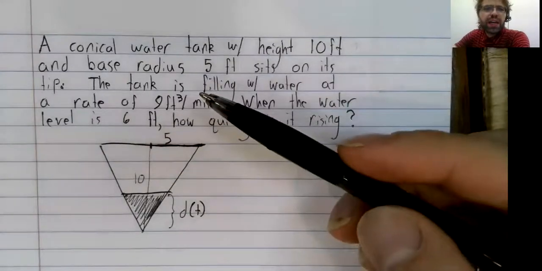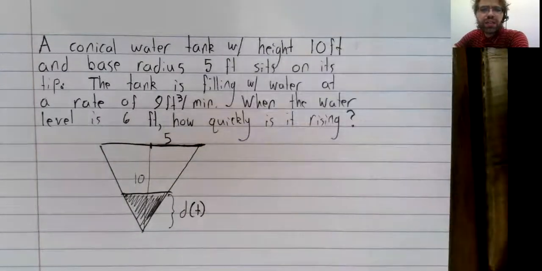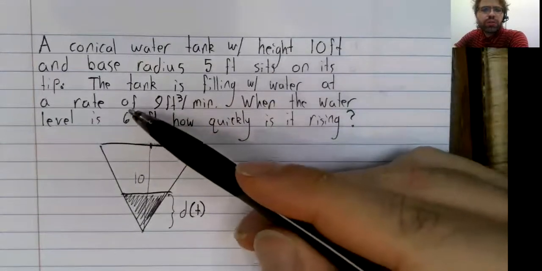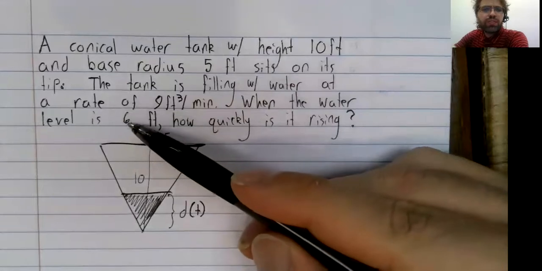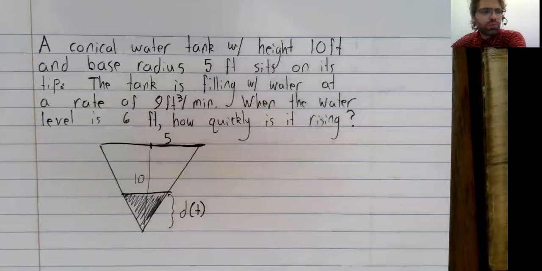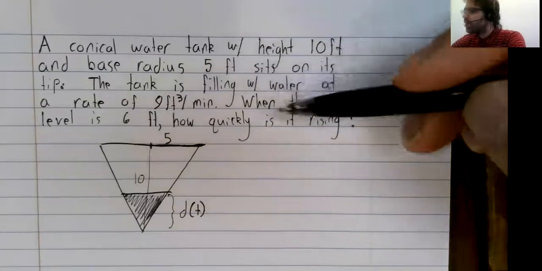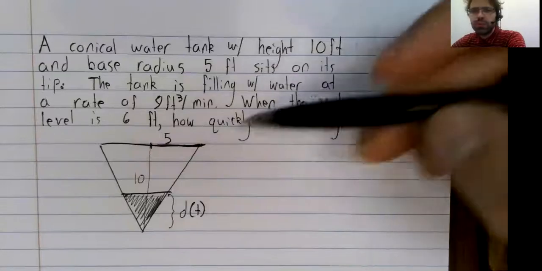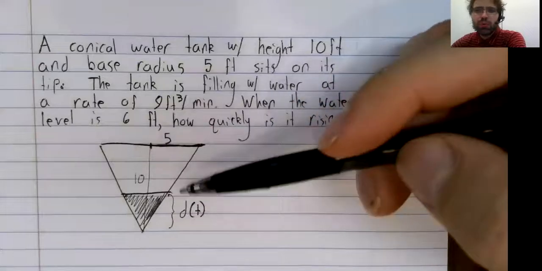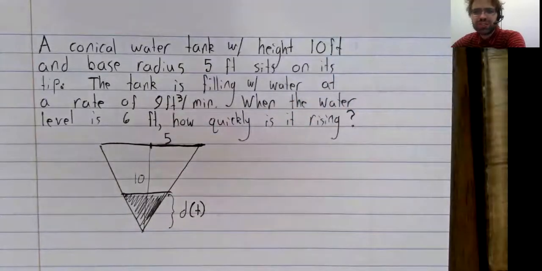What do we have, if anything, that we haven't written down? We're told that we want to know what happens when d equals 6. We're not going to be able to use that for a while. We're given information about the volume, but that's not really something that we can label on this picture necessarily.